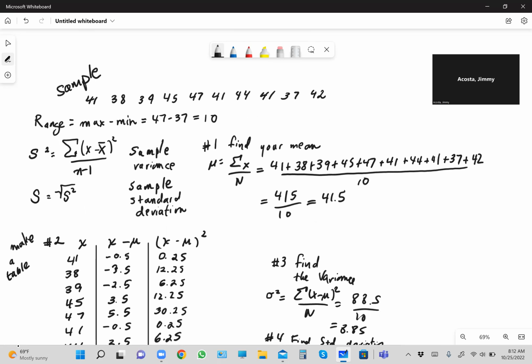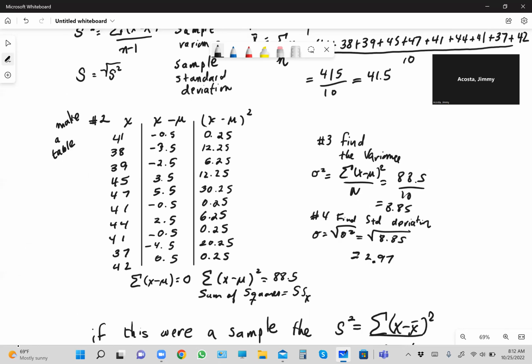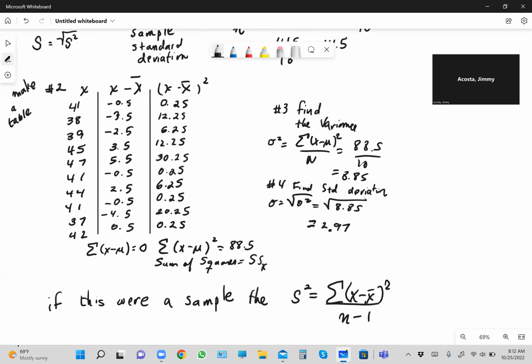So that changes to S. And now when you find your mean, this becomes X bar. It's the same thing. Nothing changes on your mean. You see what I'm doing? I'm just changing symbology. Make your table. Your table is all the same, except we're doing X bar now. So your table stays the same.